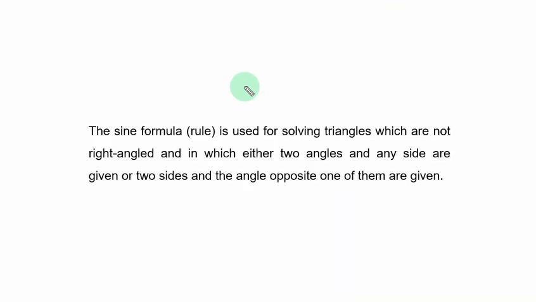The sine formula or rule is used for solving, 1, triangles which are not right angled, and 2, in which either two angles and any side are given, or 3, two sides and the angle opposite one of them are given.